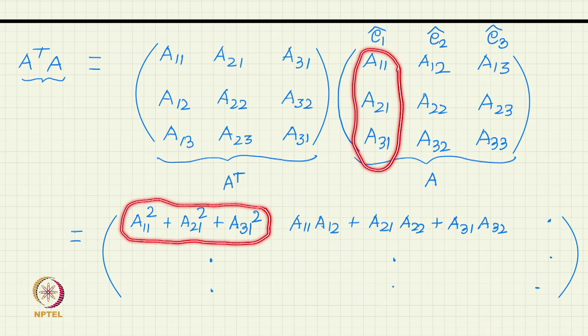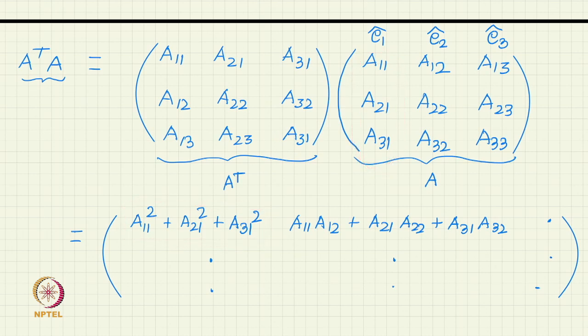But these three components are the components of the basis vector E1 in the new orthonormal basis. The sum of the squares of the components of a vector is the square of the length of the vector, because our coordinate system is orthonormal, and the vector itself is a unit vector. So this number is nothing but 1.